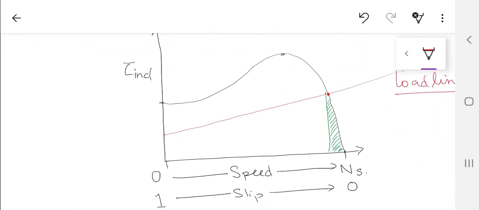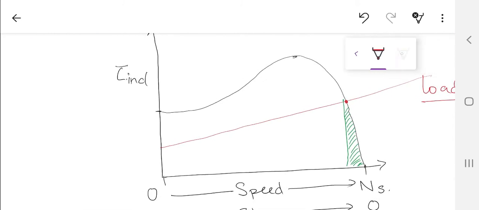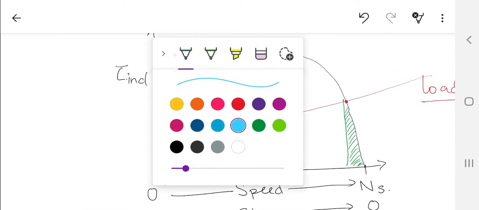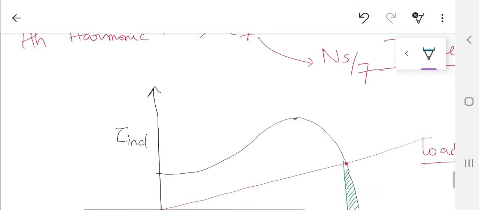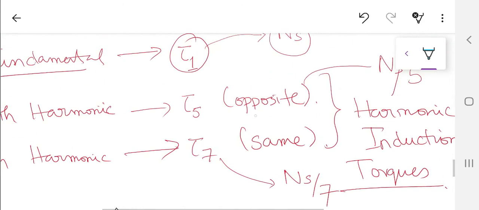Going back to the torque slip curve and using another color, the fifth harmonic at ns by 5 is moving in the opposite direction, but the seventh harmonic is moving in the same direction, so its torque is near ns by 7.